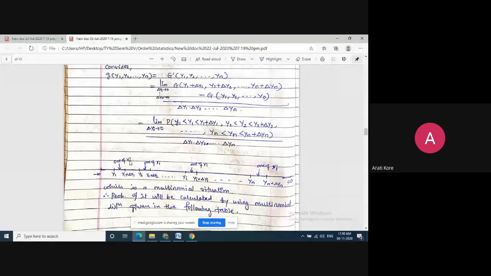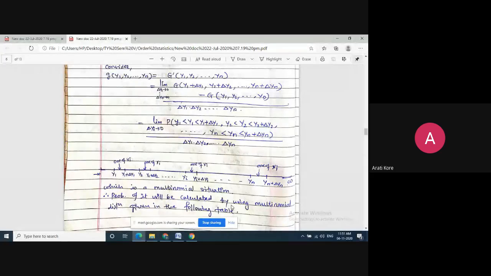So what do I want in terms of xi? One of the xi should lie in the first interval, one of the xi should lie in the second interval, and one of the xi should lie in the nth interval. So if you imagine, this is again a multinomial situation. What is the multinomial situation? There are n trials. Now, in this case, what are the n trials? I take the first observation; in which of the n possible boxes will it lie?